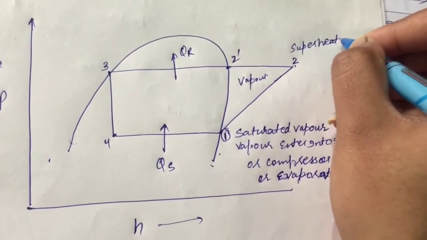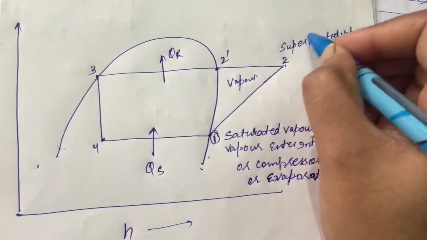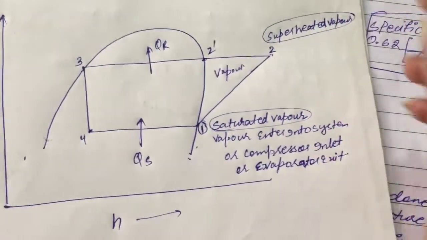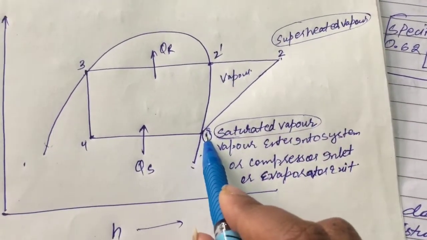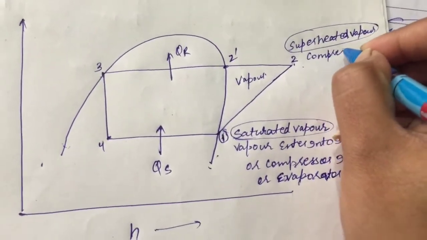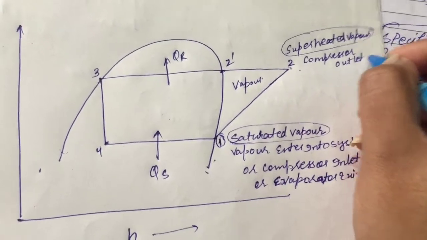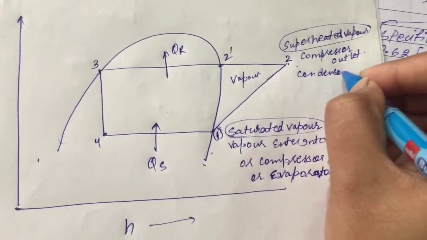Saturated vapor, superheated vapor. So here the compressor inlet is present, and this point is our compressor outlet, and this point is also our condenser inlet.